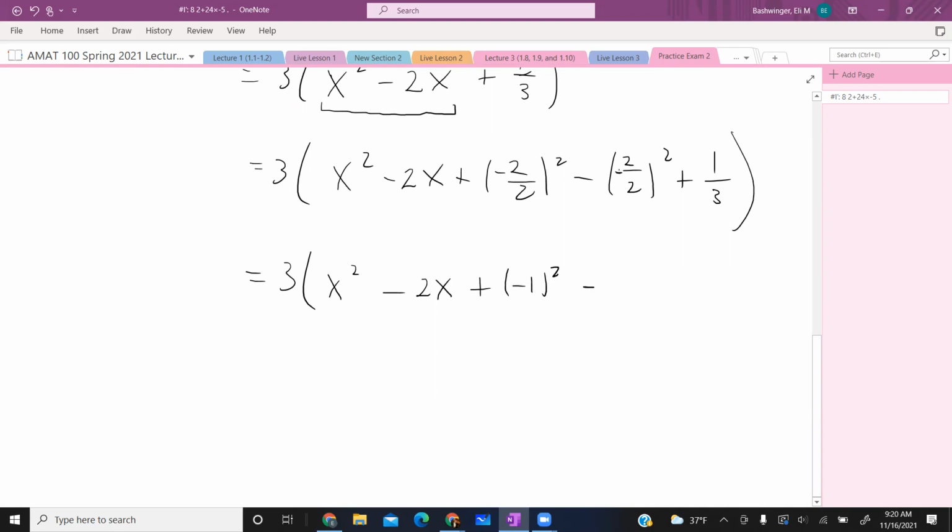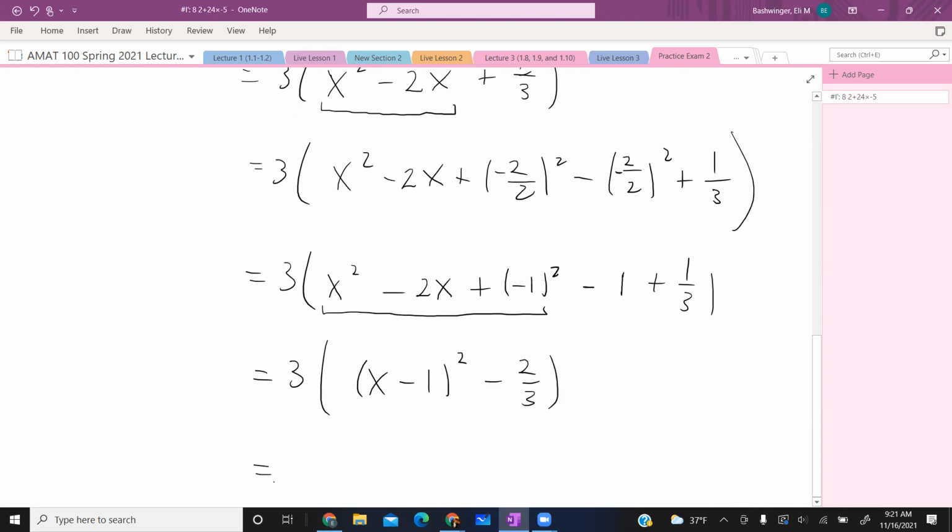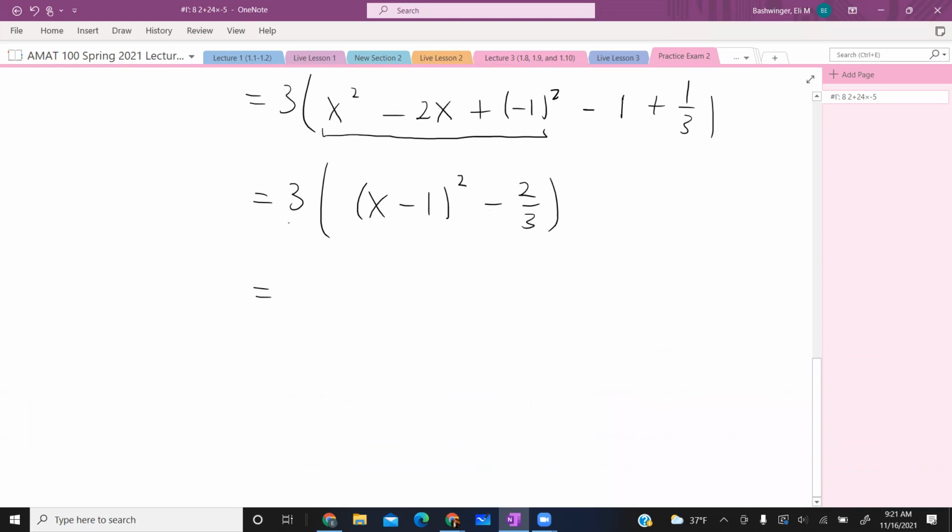So this will be -1, but the square gives me +1, but there's this negative in the front, so I have -1. And then plus 1/3. Now I can factor this part to get x minus 1 squared. And then negative 1 plus 1/3 will be negative 2/3. And now I can distribute 3.